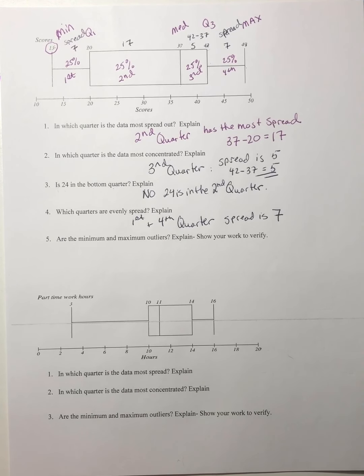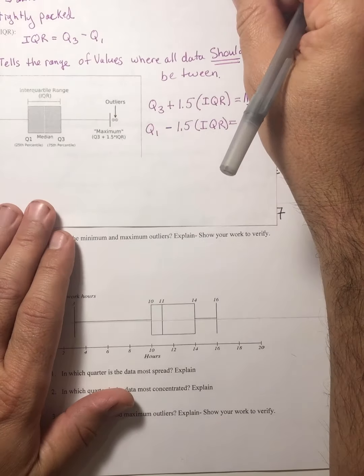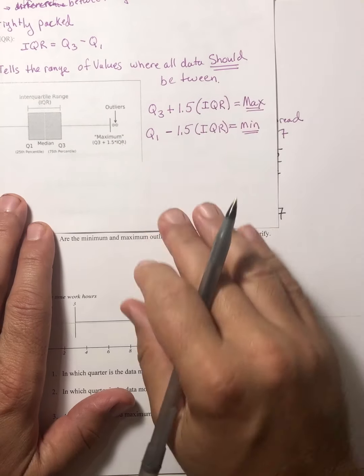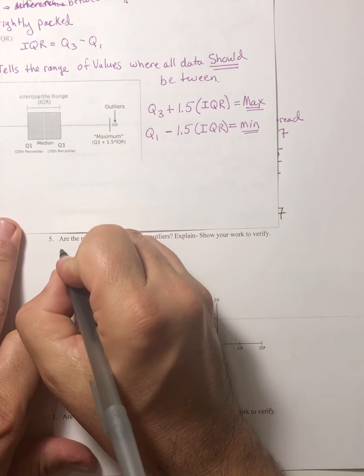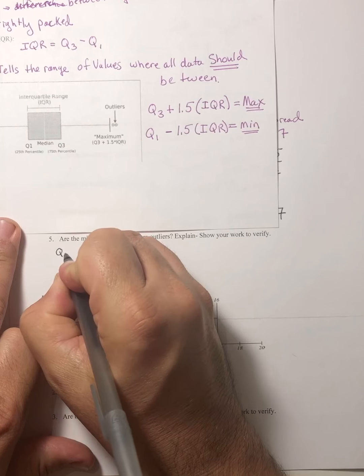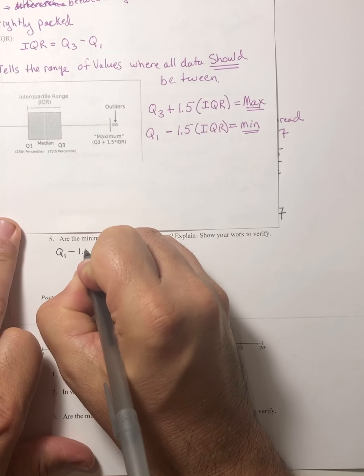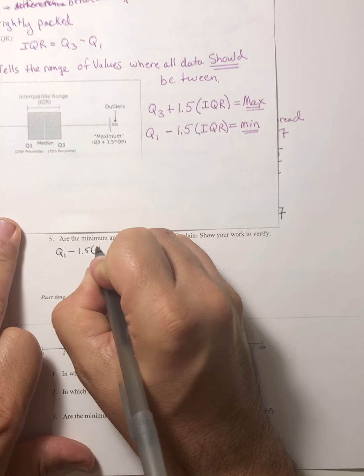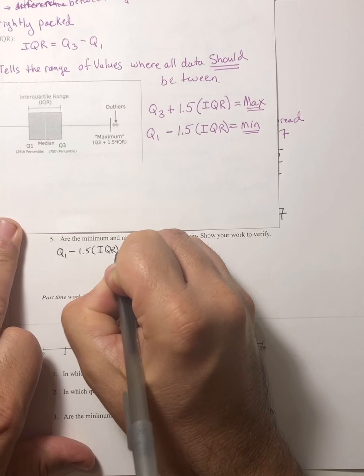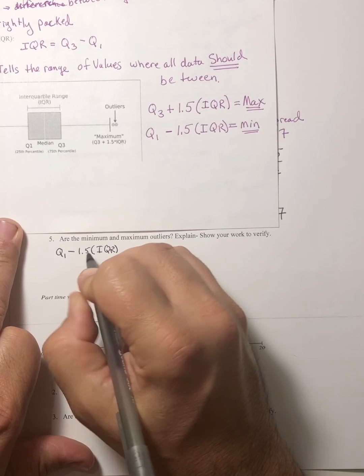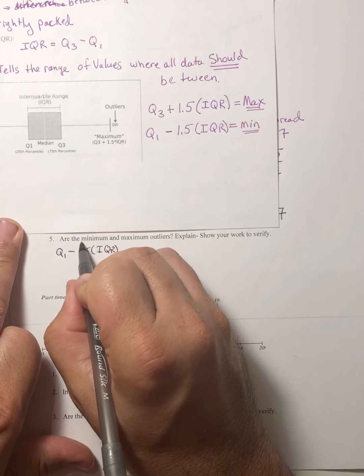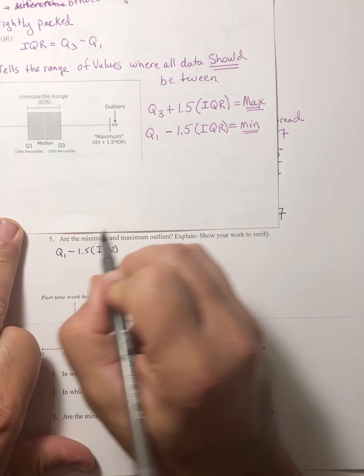Now notice we have this thing called an outlier. Are the minimum and maximum outliers? Explain, show your work to verify. That was our formula from the first page. I'm going to do Q1 minus 1.5 times the IQR. We have to figure out what that number is, and is it smaller or larger than this minimum value?